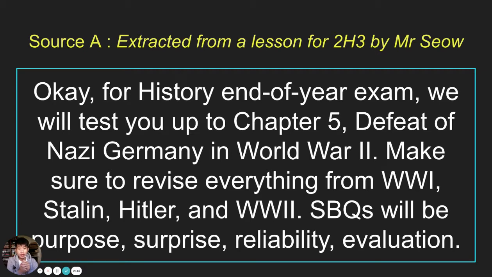Make sure to revise everything from World War I, Stalin, Hitler, and World War II. Source-based questions will be purpose, surprise, reliability, and evaluation. Pause. Write down what you think the message of this source is. When you're done, I move on.